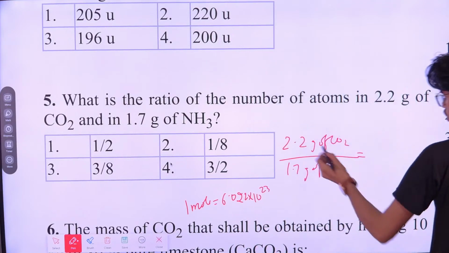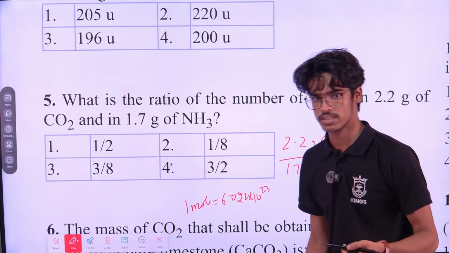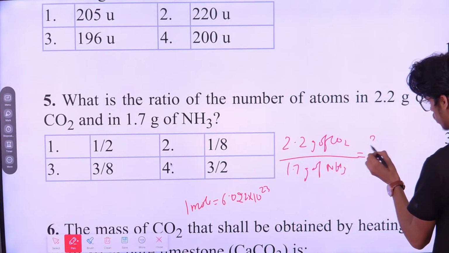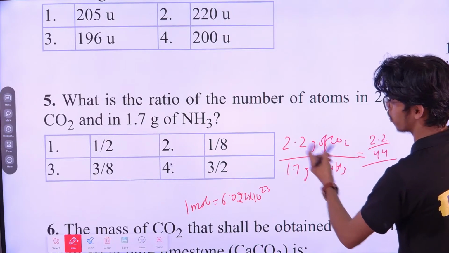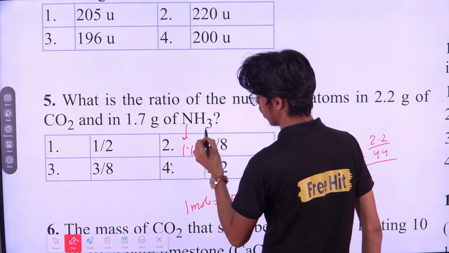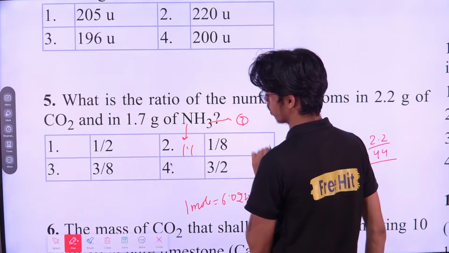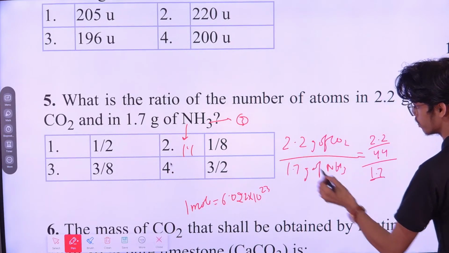Got it? Now 2.2 gram of carbon dioxide. What is the molecular mass of carbon dioxide? It is 44. So 2.2 divided by 44. Now what is the molecular mass of ammonia? Nitrogen is 14, H3 is 3, so 3 plus 14 is 17. So now this is 1.7 divided by 17.